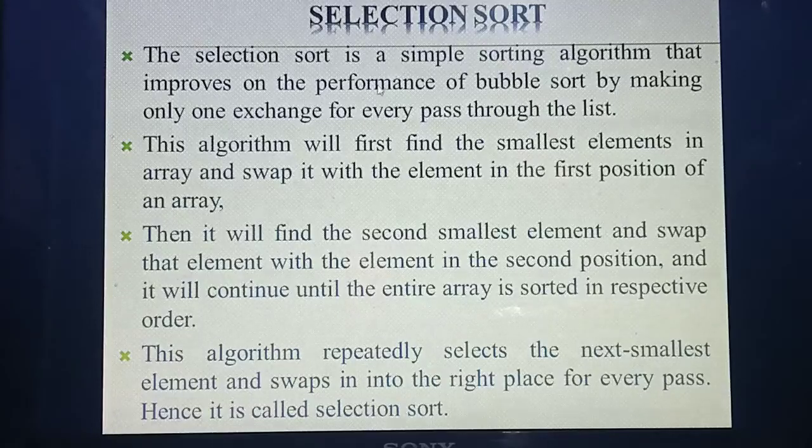Now read it. It's a simple sorting algorithm. It improves the performance of bubble sort by making only one exchange for each pass. How does this algorithm work? It always finds the smallest among all the elements in the array and brings it to the first place.